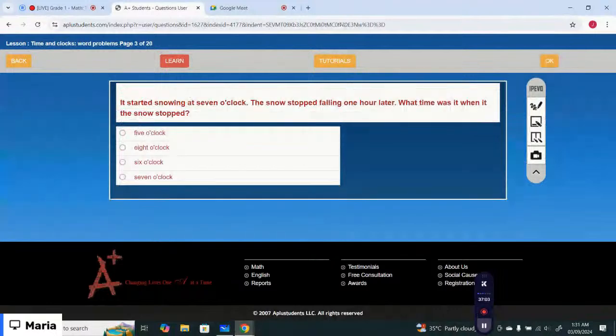It started snowing at 7 o'clock. The snow stopped falling 1 hour later. What time was it when the snow stopped? Which is the correct option?